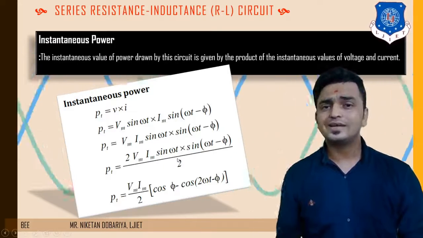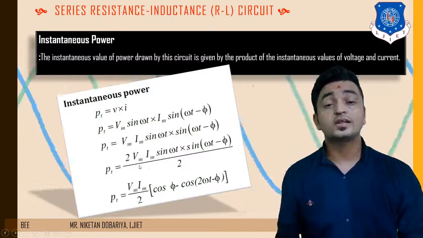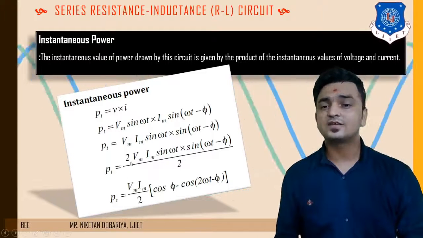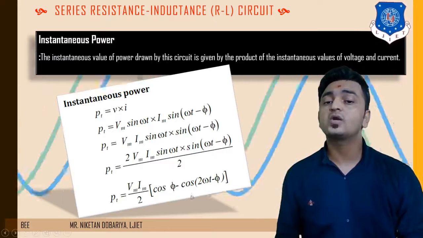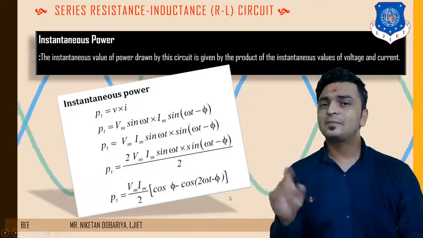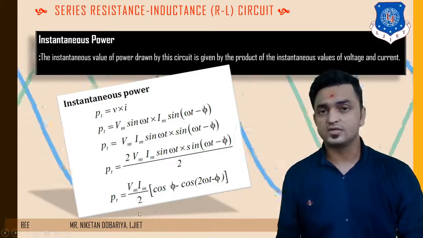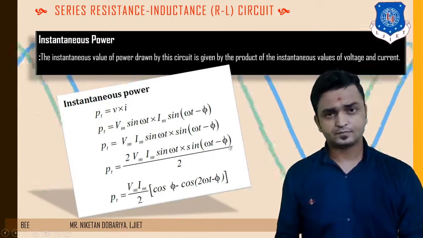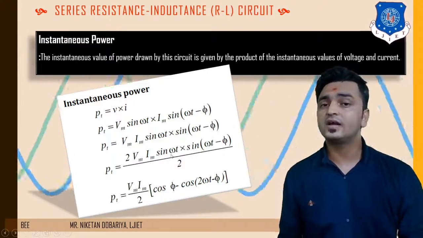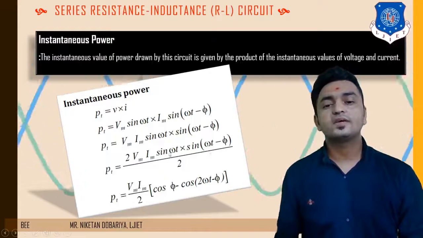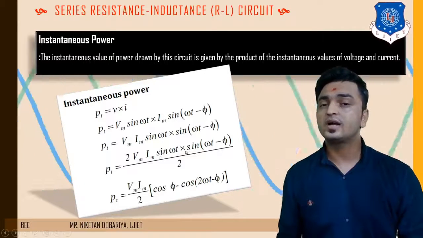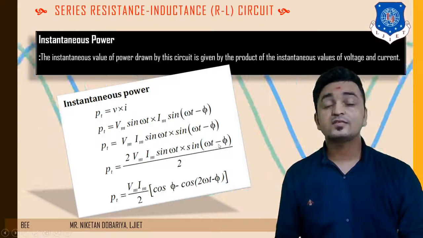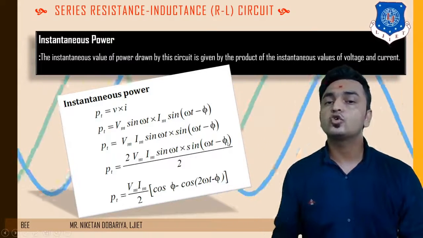So first of all, let's take out the constant as common over here, and that is going to be Vm Im by 2 as a constant, and the rest, 2 sine into sine, will be converted in the form of this given equation, cos minus cos. First, let's find the first cos, and for that we are going to subtract the angles. If I subtract omega t from omega t minus phi, both omega t cancel out, and minus into minus is going to be plus phi.